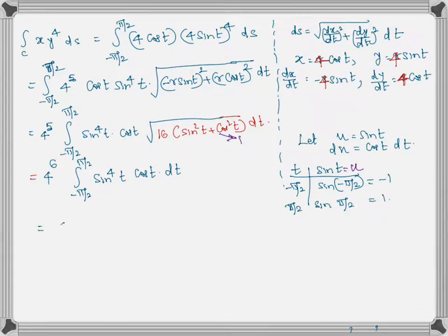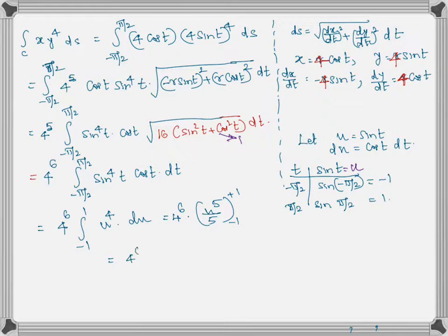So changing the limits, 4 to the power 6 times the integral from negative 1 through 1 of u to the power 4 du. Integrating that, we will get 4 to the power 6 times u to the power 5 over 5 between the limits negative 1 through 1.